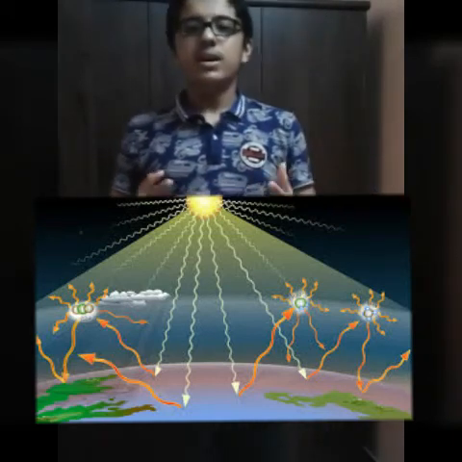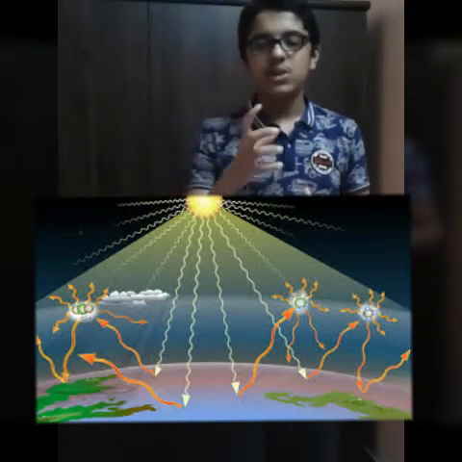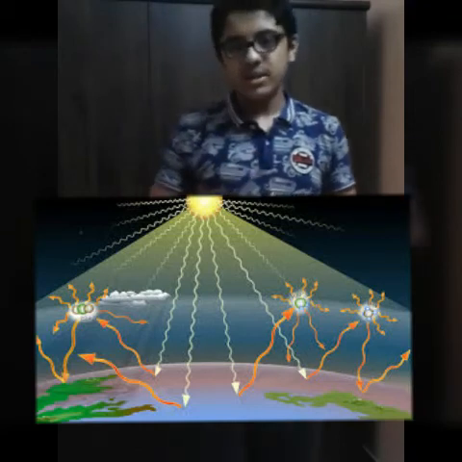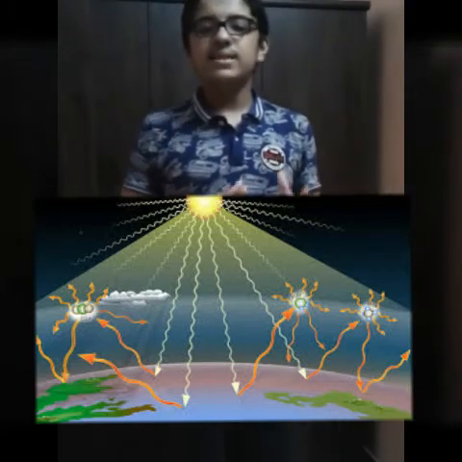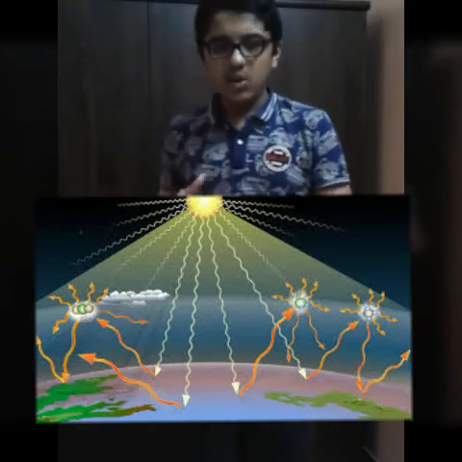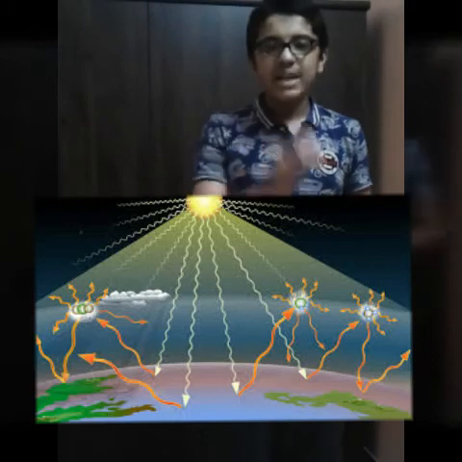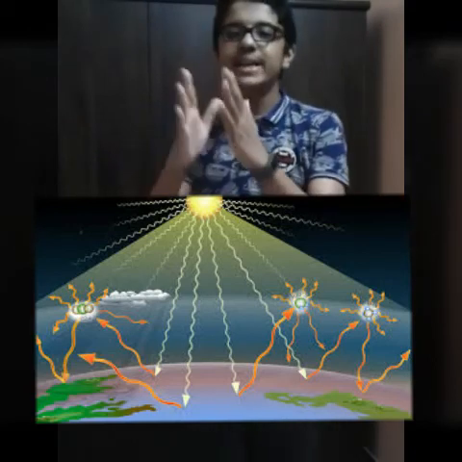These radiations are absorbed by gases such as CO2, methane, and other gases. These gases are known as greenhouse gases, and the heating of the atmosphere due to the infrared radiations trapped by CO2 is known as the greenhouse effect.